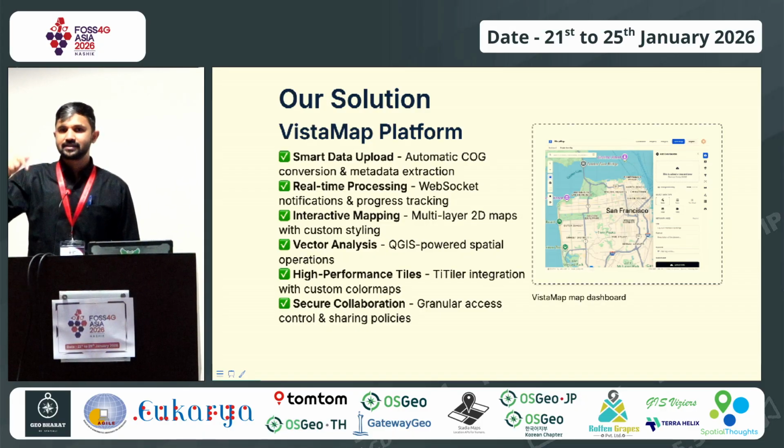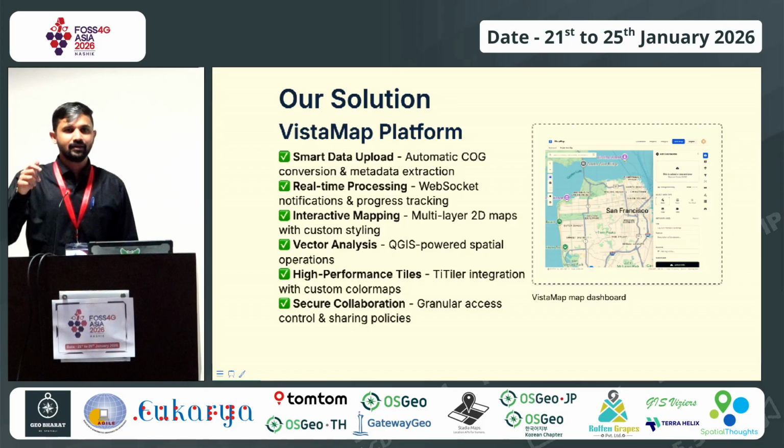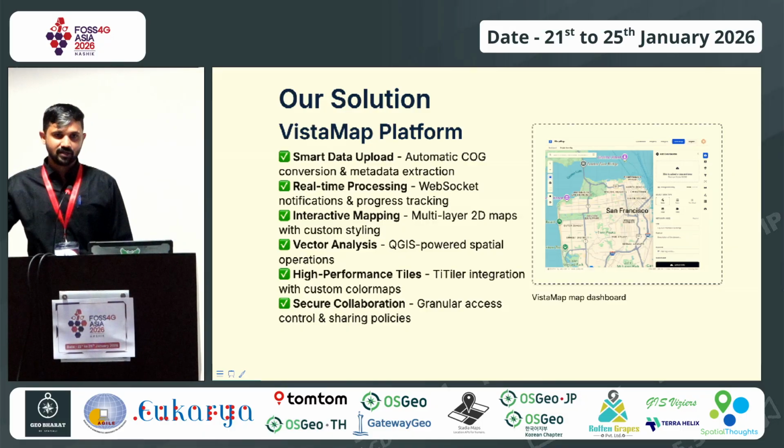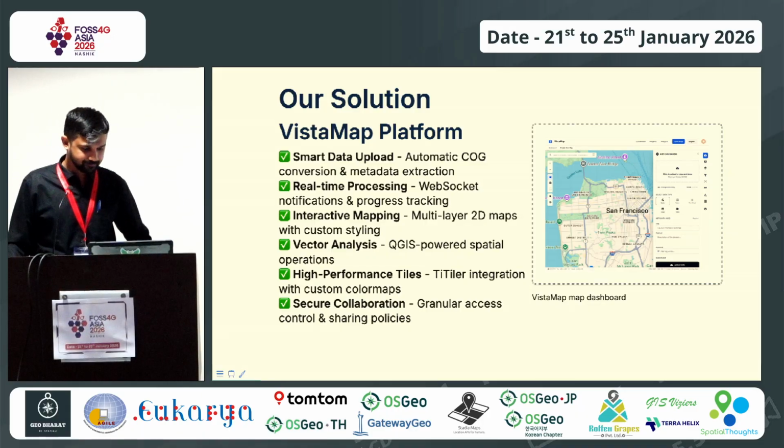As long as it is cloud optimized, you will be able to expose that and use that as a web app. The beauty of TiTiler is that you can do all kinds of coloring on the front end itself by providing the color code in the URL. You can define the scalings and everything like that, which means that you are no longer dependent on your server to generate the tiles beforehand. You can just generate them on the fly.